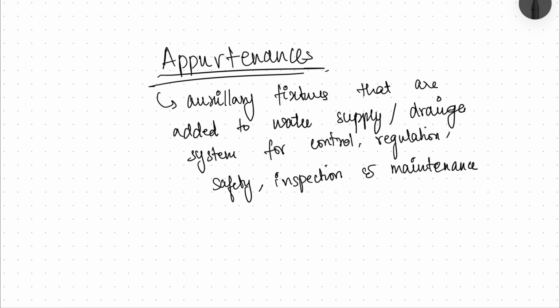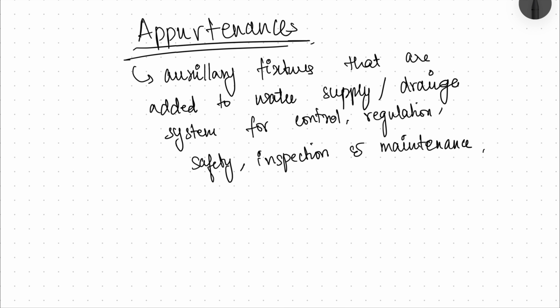Those auxiliary fixtures are called appurtenances, and these can be your valves or the flow control devices. All those are your appurtenances.